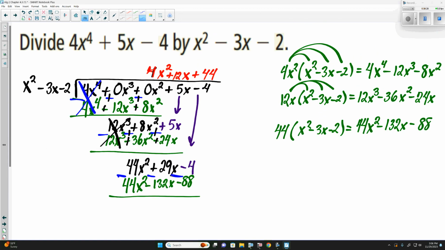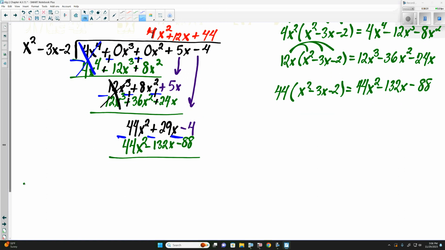Last thing we need to do is to subtract. 44x squared minus 44x squared is 0. 29x minus negative 132x. Negative, negative make plus, giving us 161x. Negative 4 minus negative 88.